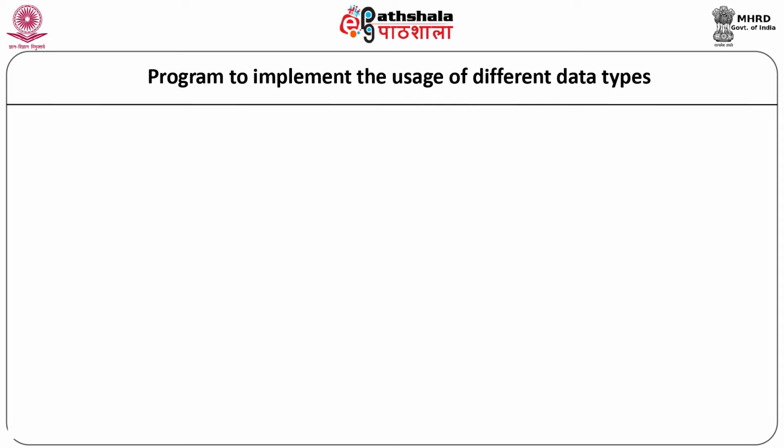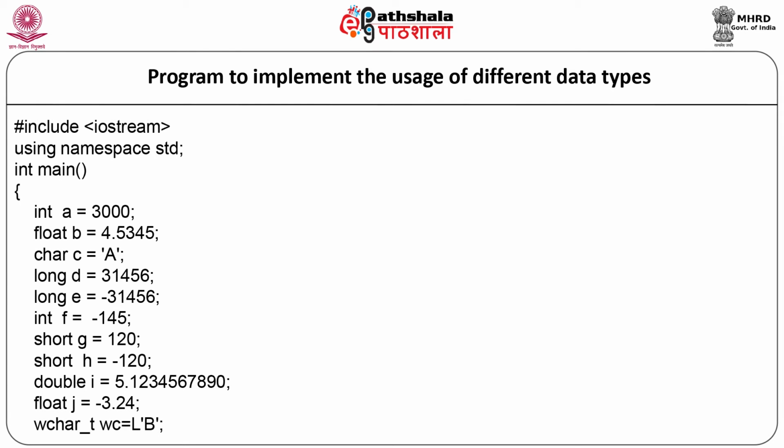Now let us see a simple program to implement the usage of different data types and their sizes. Here we will start with the main program. We are declaring variables of type integer, float, character, long integer, short, double, float and wchar_t. Different initial values are given to these variables.